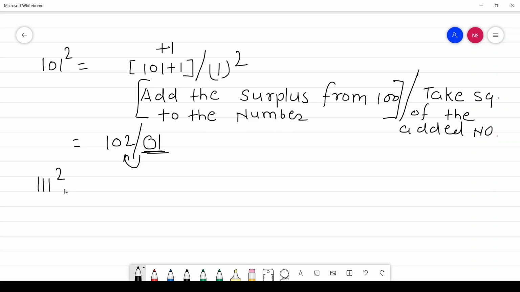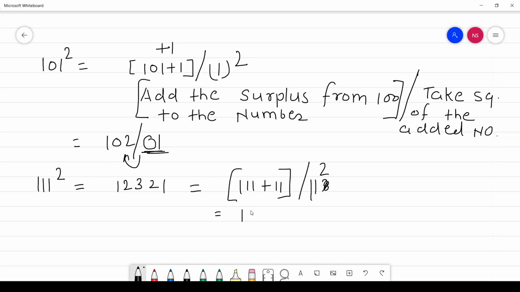We know by our previous trick the square of 111 is 12321. Now we will calculate the square of 111 by this method. It is more than 100 by 11, so we will add 11 to 111, and on the right hand side we will take the square of 11.